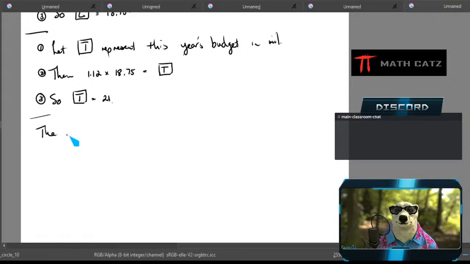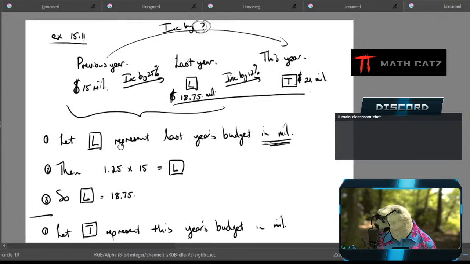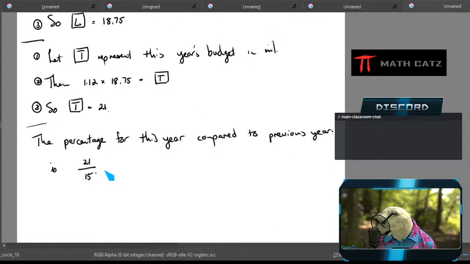Let's say the percentage for this year, compared to the previous year, if that makes sense, is 21 over, what was the original? 15, make it a percentage, which is, my writing's terrible today, which is, let's see what it is. 21 divided by 15 times 100.